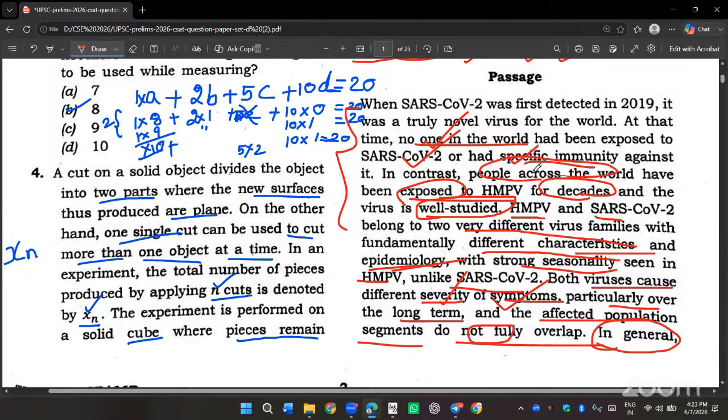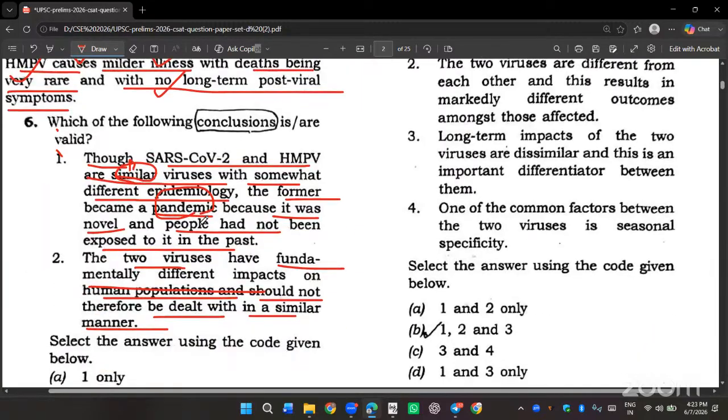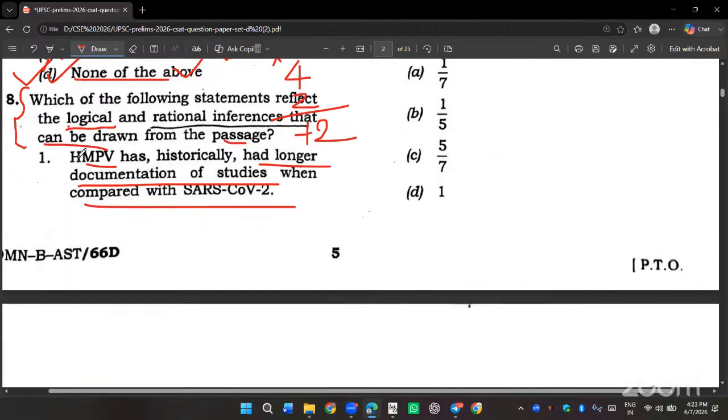People across the world, everywhere, well studied. That is important. Okay, sir, you are correct. We accept. So HMPV historically, for decades.